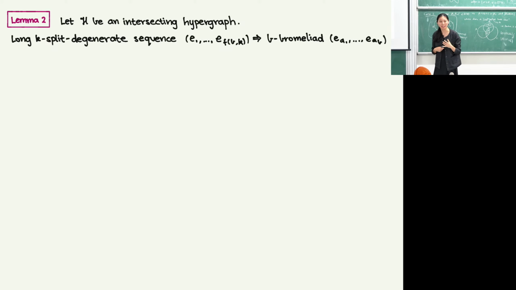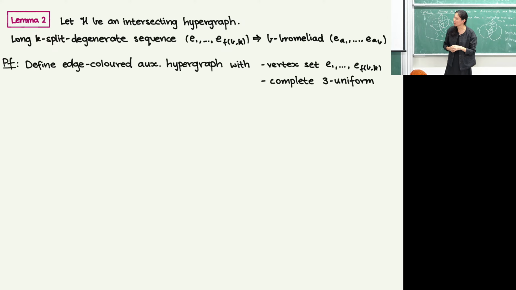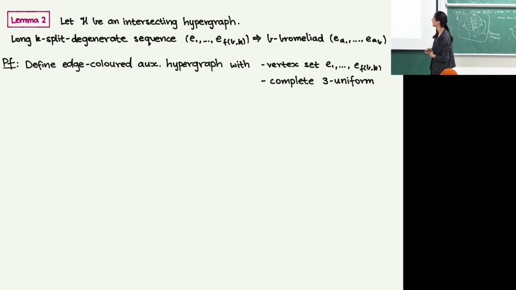It actually doesn't even matter that it's C minus 1 intersecting, just intersecting will do. Then a long k-split degenerate sequence, let's say FBK long, implies that a subsequence of these edges actually form a B Bromeliad. Okay, and as promised, this is kind of where we see where the bound is coming from. So that will become clear in a second.